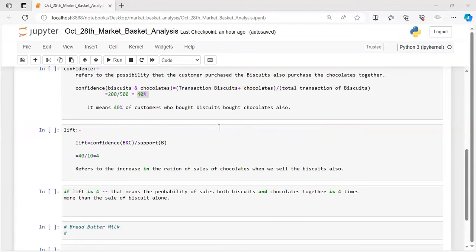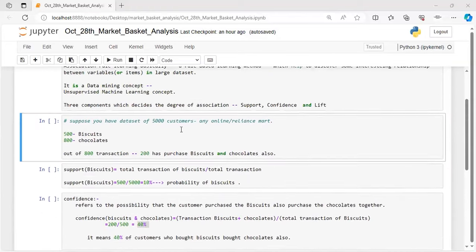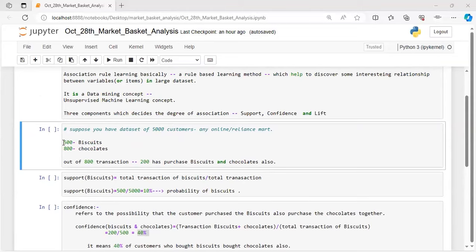Yes, please ask the question. But sir, we are calculating from 5,000, right? Yes, out of 5,000 we have segregated biscuit first. In 500 places only biscuit is there. The biscuit concept is clear, sir. Here we are confused about the 800 transactions, of which 200 have purchased both.